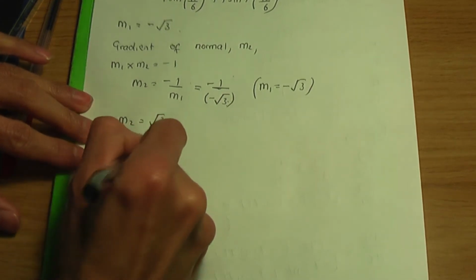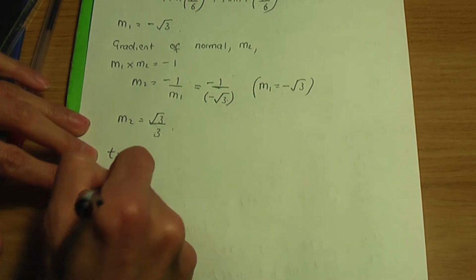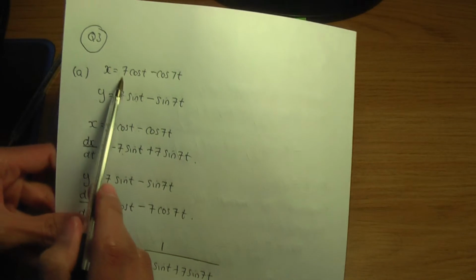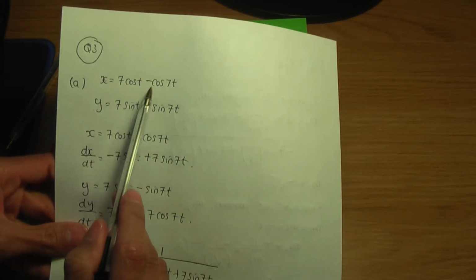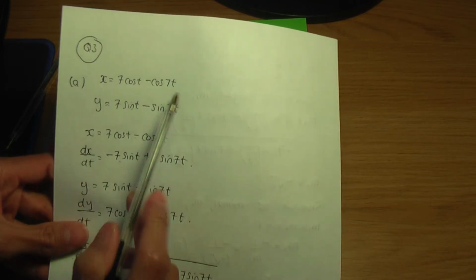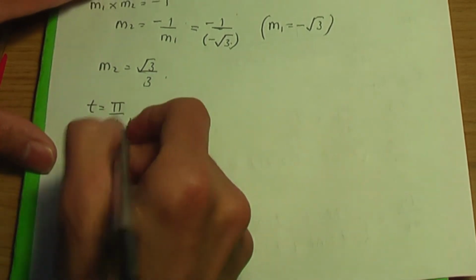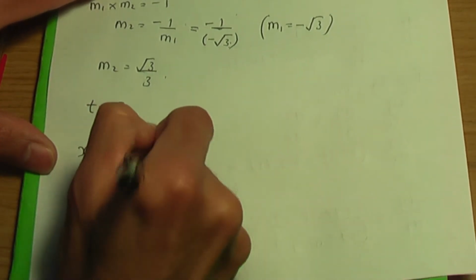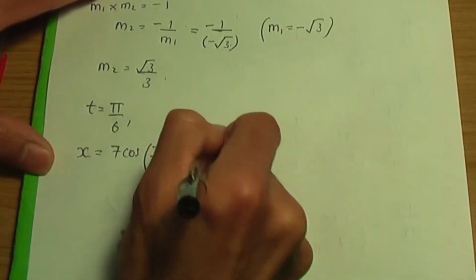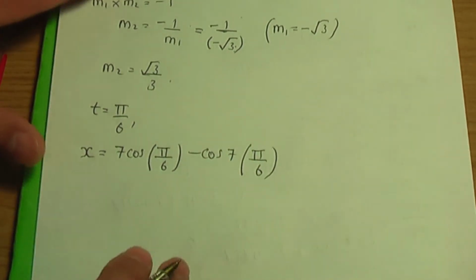So we have the value of t, pi over 6. Let's put that into the x equation first. So let's remind ourselves, x is 7 cos t minus cos 7t. So when I replace t by pi over 6, we're going to have x equal to 7 cos(pi over 6) minus cos(7 pi over 6).